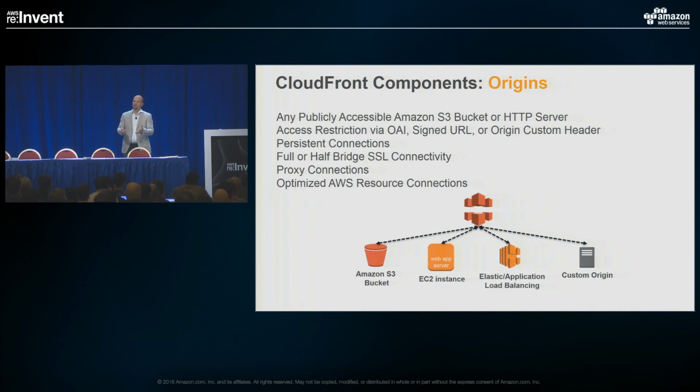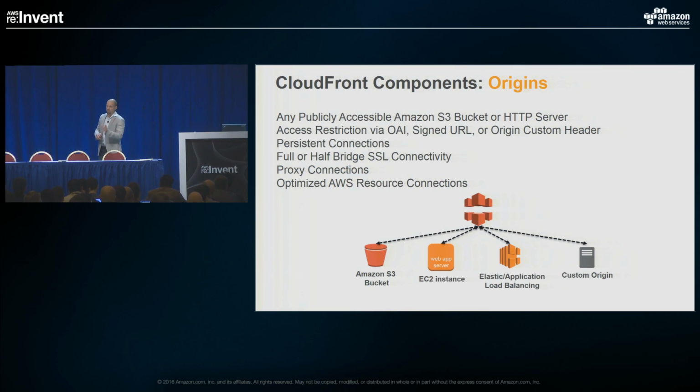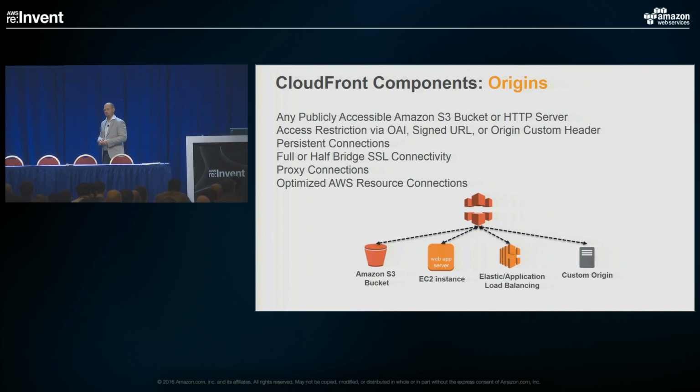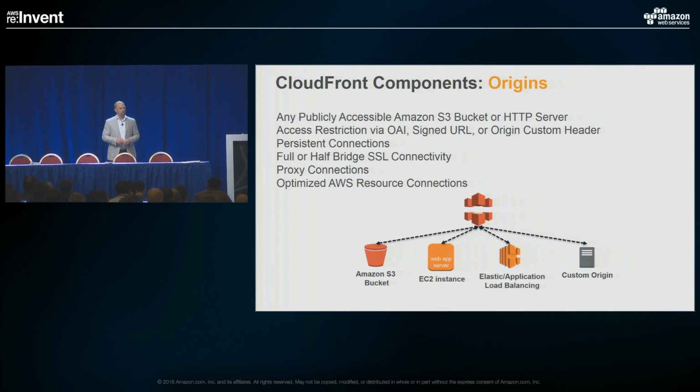Your origin will look for that header. If the header doesn't exist, your origin can deny the request. If the header exists and the value is incorrect, it can also deny access. So this is another step along the way in terms of securing your origin, making sure that CloudFront is making the request and it's a valid request.